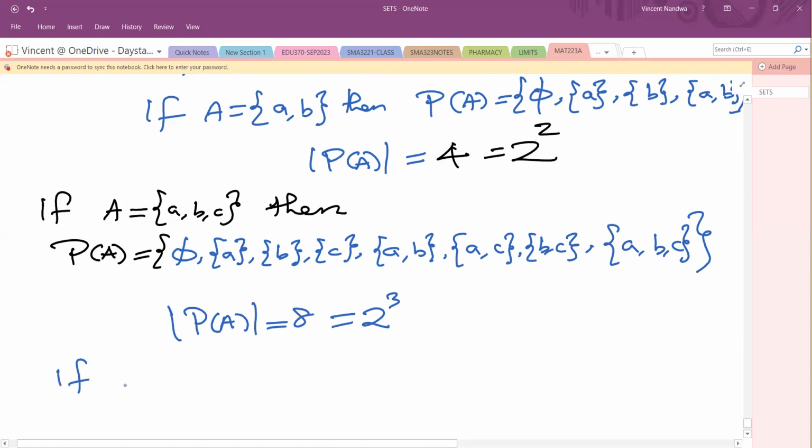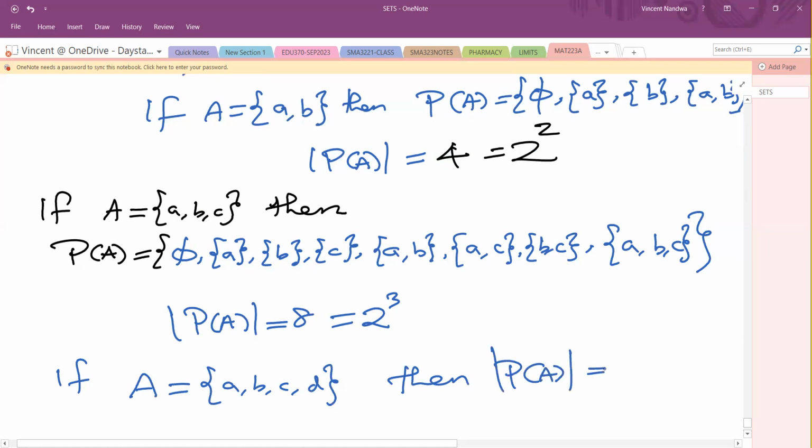So if A has a, b, c, d, what will be the cardinality of the power set of A? 2 raised to power 4 gives us 16, okay?